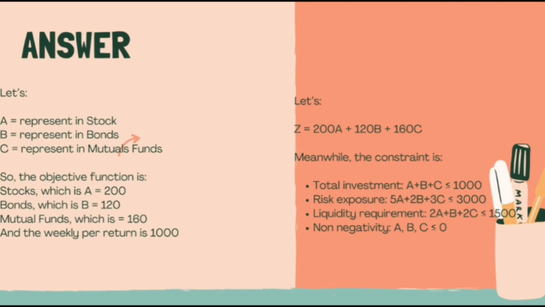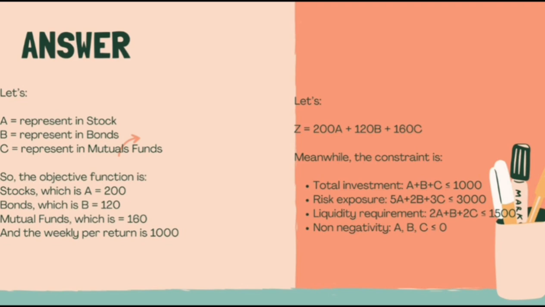The next step is to formulate the LPP. Our objective is to maximize weekly return, so we will be using this formula: Z equals 200A plus 120B plus 160C. Meanwhile, the constraints are: the total investment, A plus B plus C less than or equal to 1000.